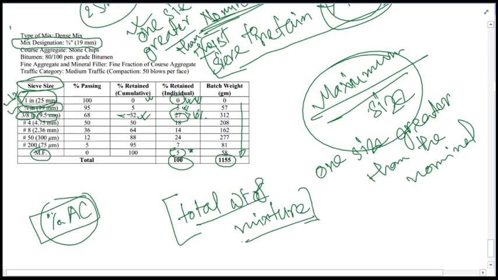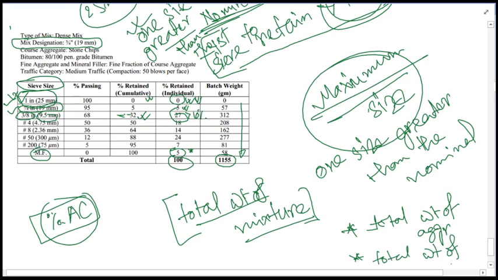We might be expressing the asphalt content in terms of total weight of aggregate also, or in terms of total weight of mixture. If nothing is mentioned, generally we always use the total weight of mixture.